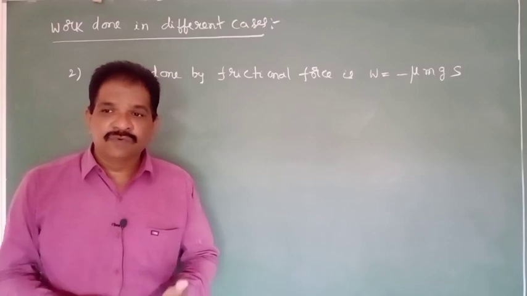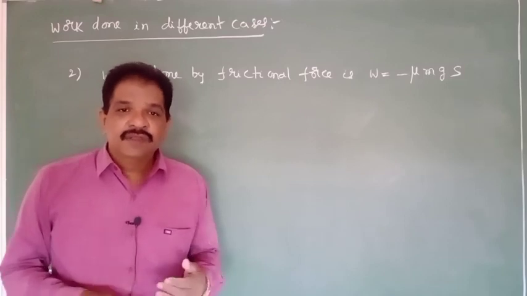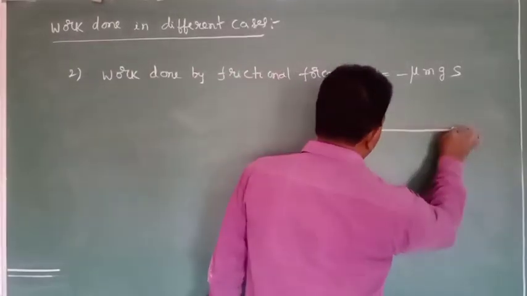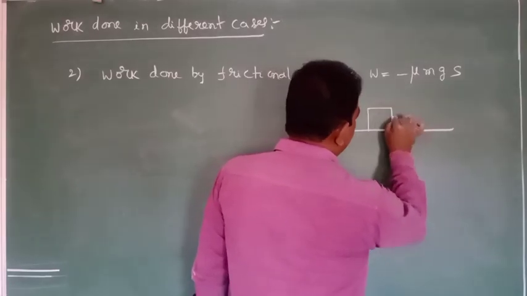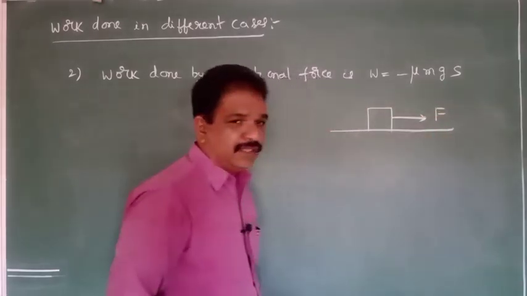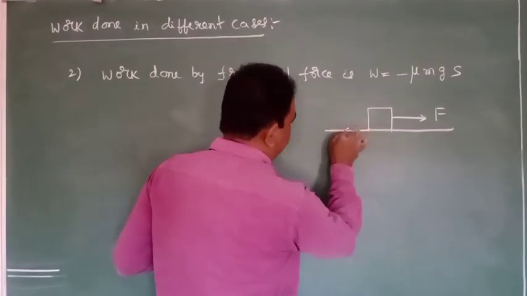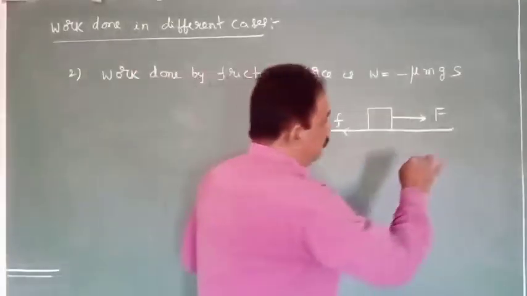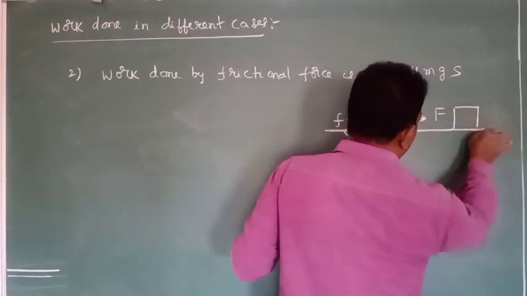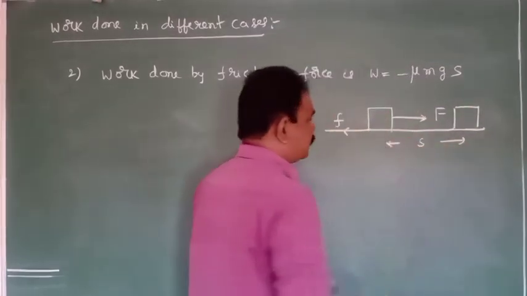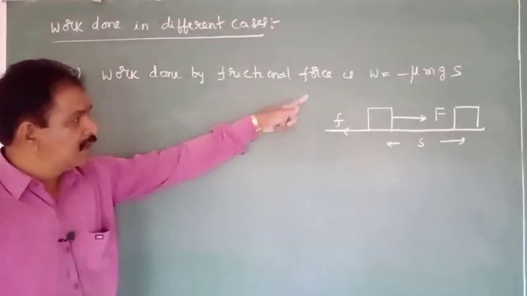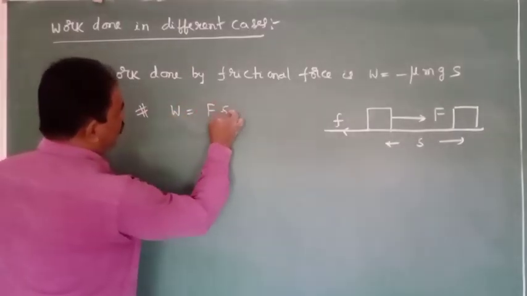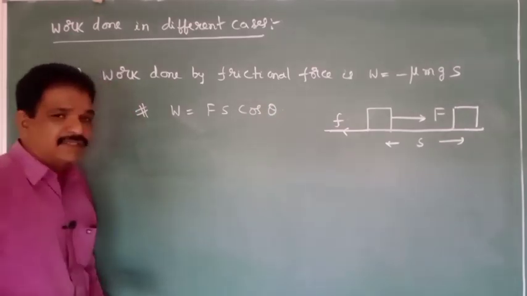Frictional force, basically how we define it, is the force opposing the relative motion of the bodies. So here one body is there, I applied the external force like this, then frictional force will be in this manner. It will try to oppose the motion, but the body moved by a displacement of S. So how did that formula come? W = Fs cos theta is the basic formula.